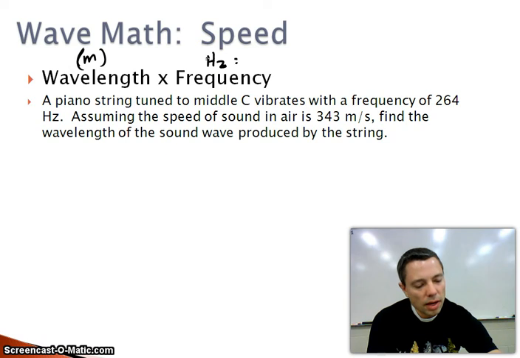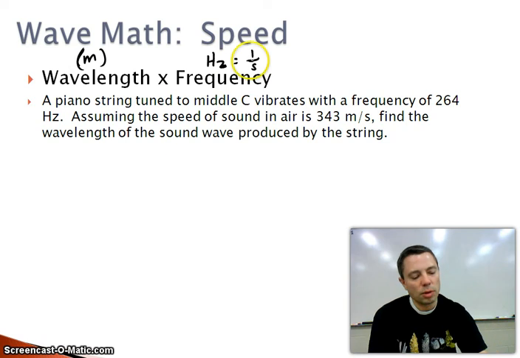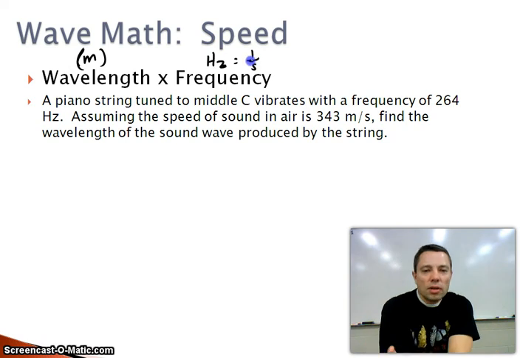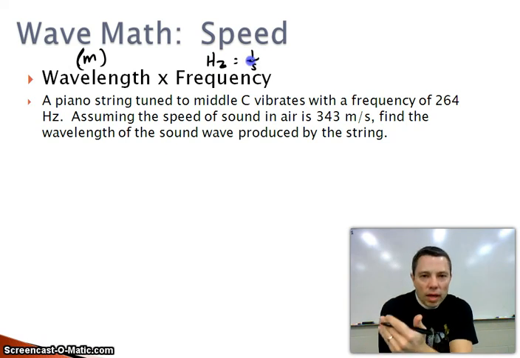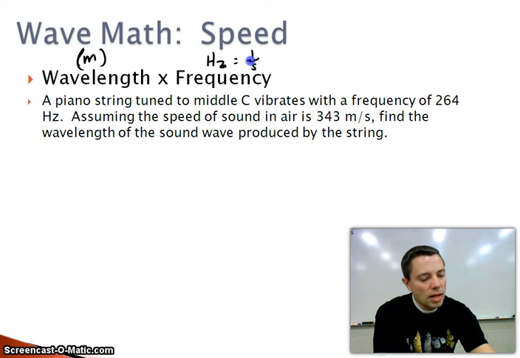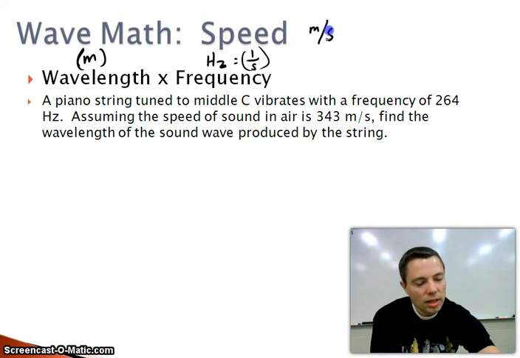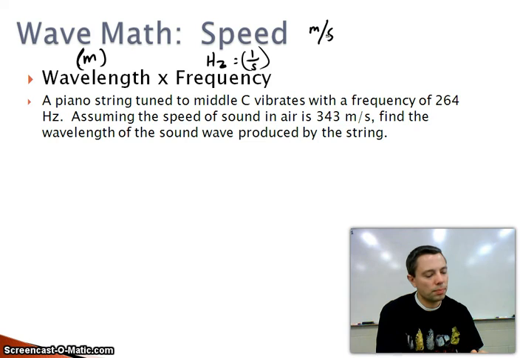Hertz is the same thing as per second. Remember, the definition of a frequency is the number of waves per given time, okay? So it's like 10 cycles per second, or something along that line. And when you take these two values and you multiply them together, you end up with something that's in meters per second. That's exactly what we wanted to get.